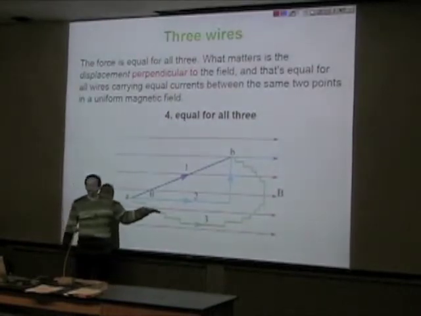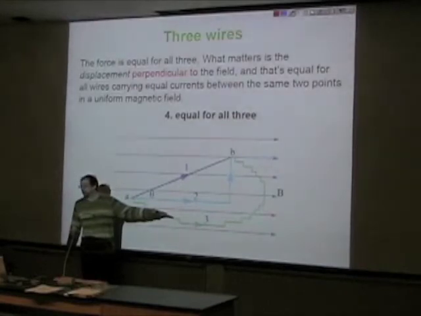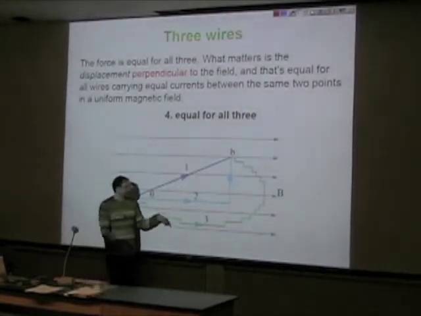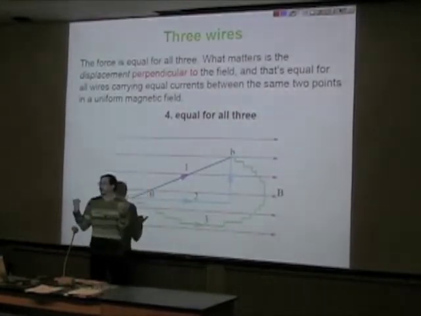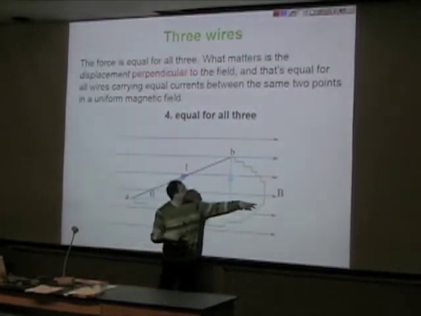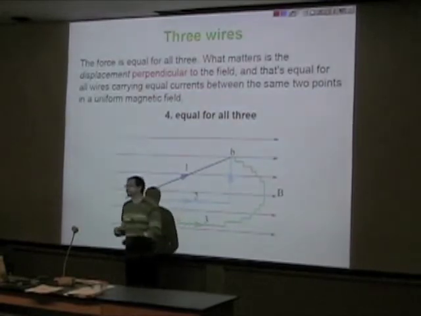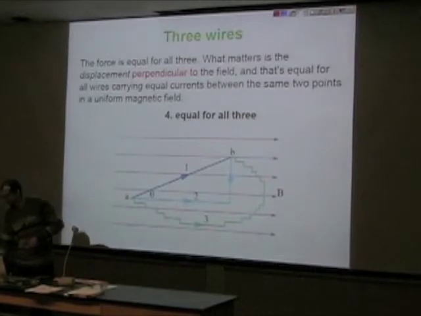Some of those parts are parallel to the field and don't experience any force. Some of those parts are perpendicular to the field, but for these two parts, forces pointing up in the direction cancel out, so only these parts are important, which is this, and this part is the same for any kind of shape.